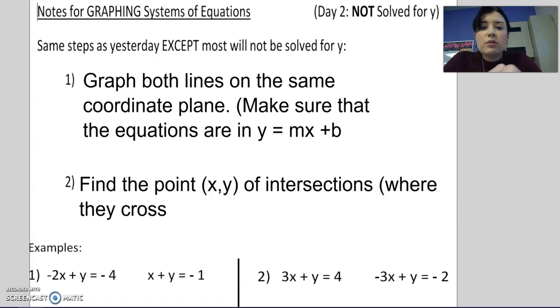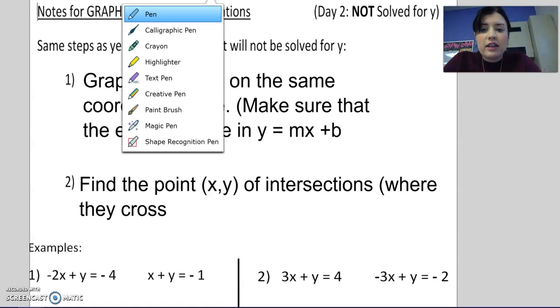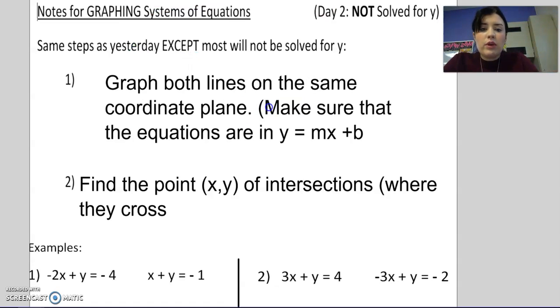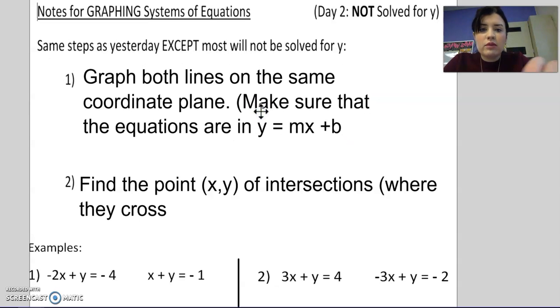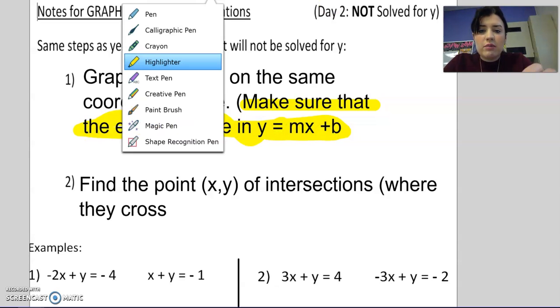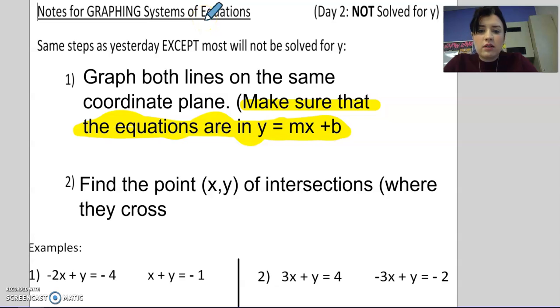Now here's what's super important that we're going to add today. We are going to make sure that our equations are in y equals mx plus b. That's the same thing as solving for y.